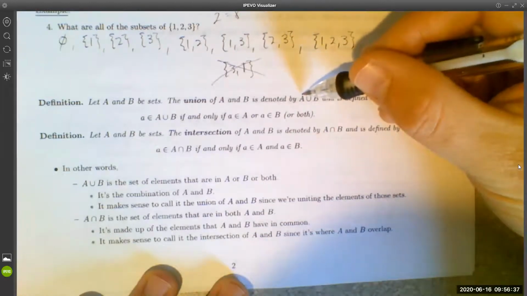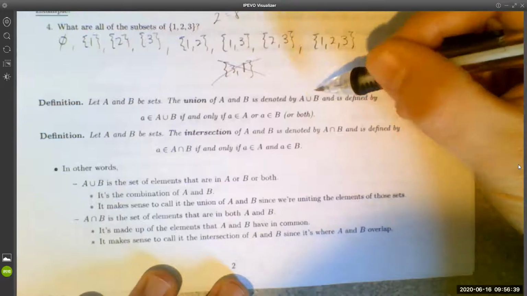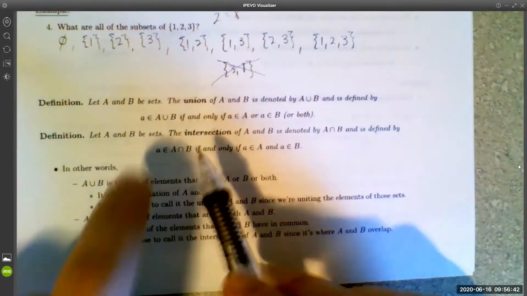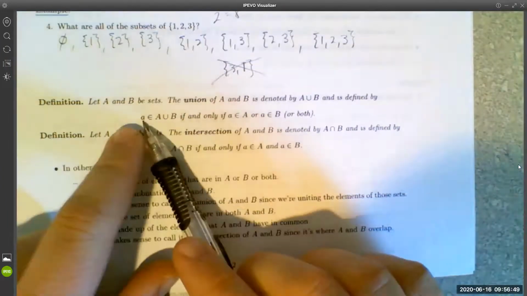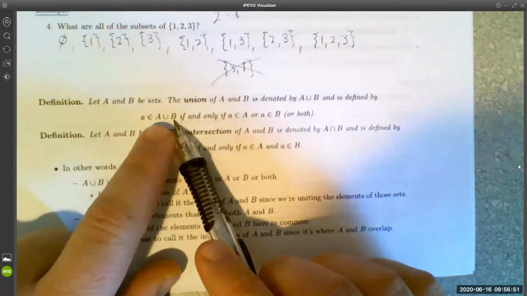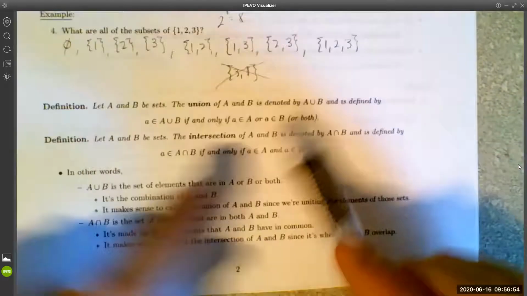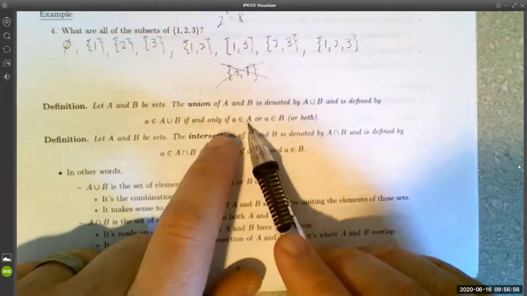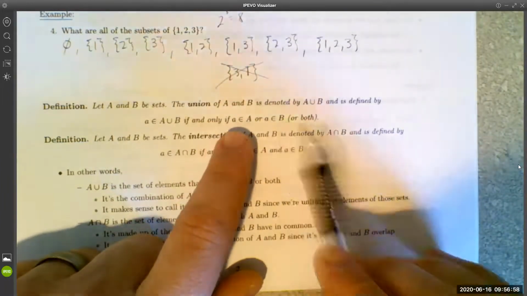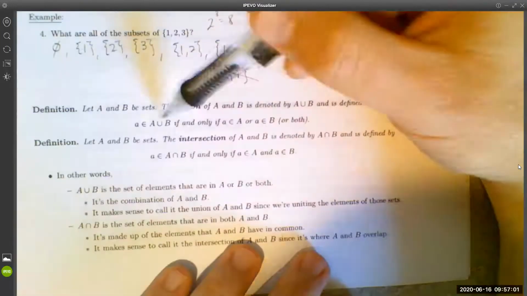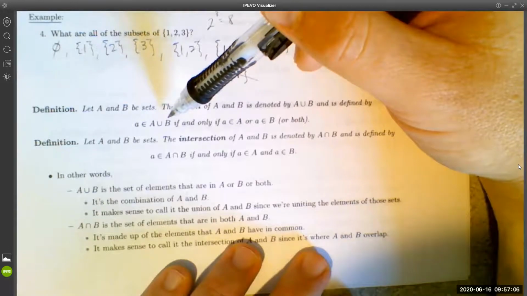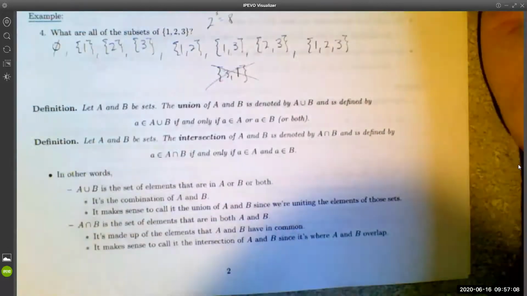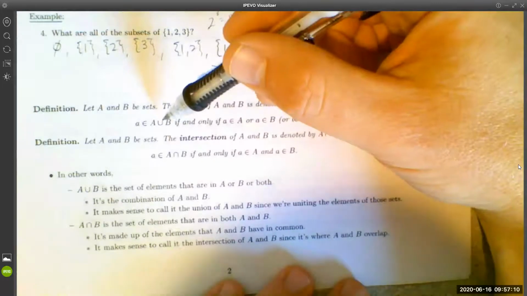We read this A union B. A union B is the set of all elements that are part of A or B. So in other words, an element is in the union of A and B if and only if it is either an element of A or an element of B or both, right? So you get in the union if you're in either one of the sets that make up the union. Okay, so that's the union.